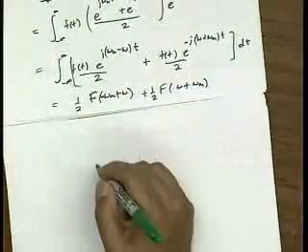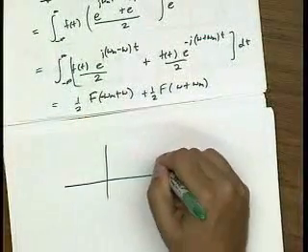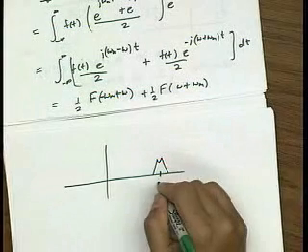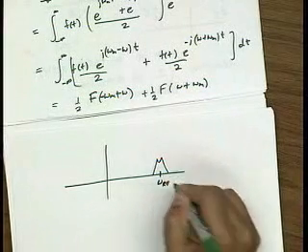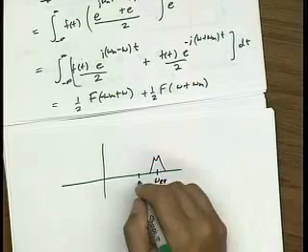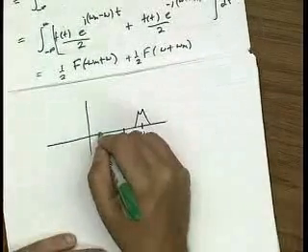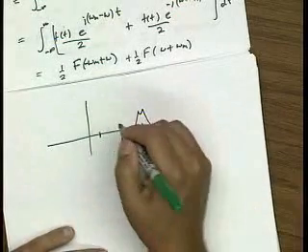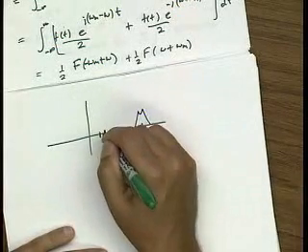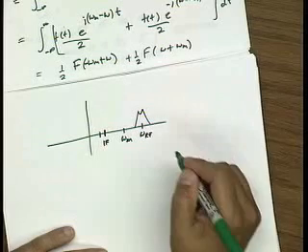Okay, so I start out with my arbitrary waveform at some frequency omega RF. Let's say this is omega m, and this is the difference frequency. Let me put it over here. This is my IF frequency.